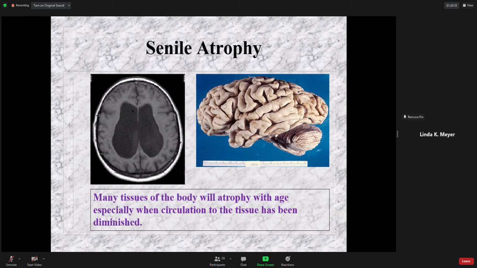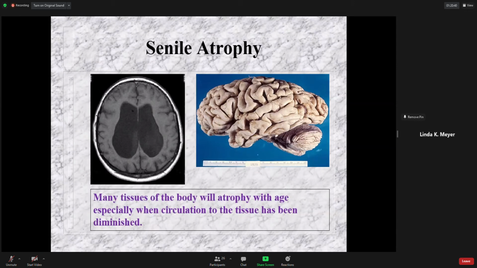It's named senile atrophy because of proof that the brain can reduce in size. It doesn't mean everybody's going to become senile with senile atrophy. It's just the term that's applied because the brain is one of the tissues that has been proven to atrophy with age. What are some other tissues besides the brain?